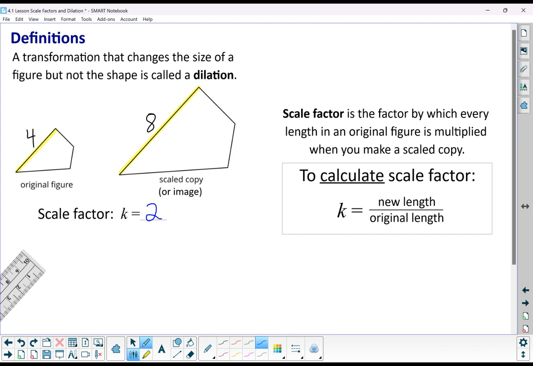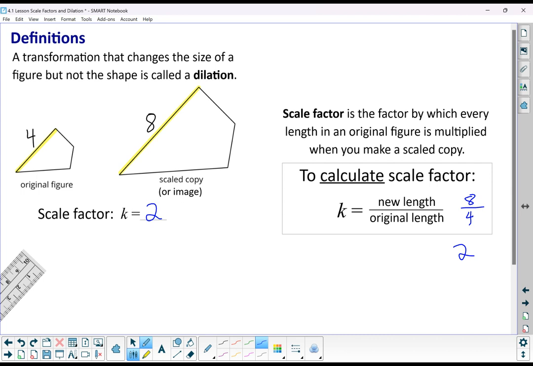If you ever have a situation, though, like maybe it was easy for us to see that 4 times 2 gives us 8. But oftentimes the scale factor isn't easy to just eyeball like we did. So if you ever need to calculate the scale factor, you just take the new length on the shape and you divide it by the original length. So that would give us 2 if we took that 8 and divided it by 4.